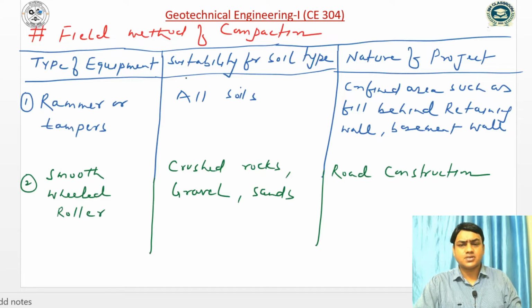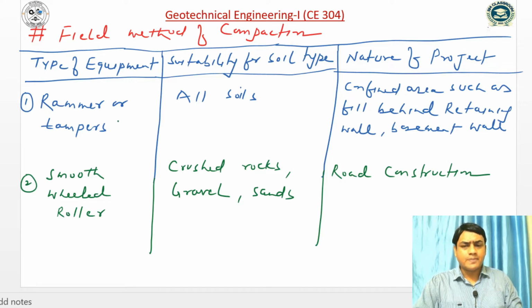These are the various field methods of compaction, and the various equipment in use are the rammer or tamper, smooth wheel roller, pneumatic tire roller, and sheepsfoot roller. The first equipment used in the field to compact the soil is the rammer or tamper.